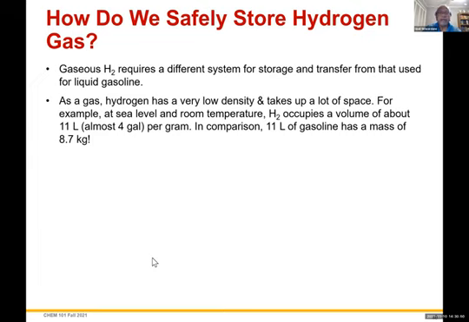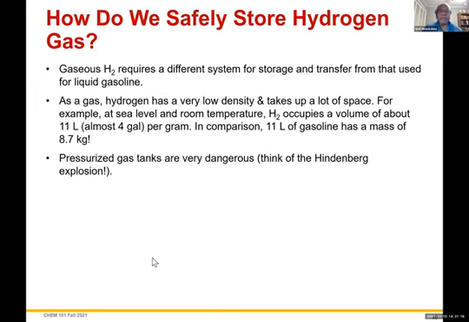For example, at sea level and room temperature, the hydrogen volume is about 11 liters, whereas gasoline contains much more mass per kilogram for 11 liters. So the material density is very low for hydrogen.